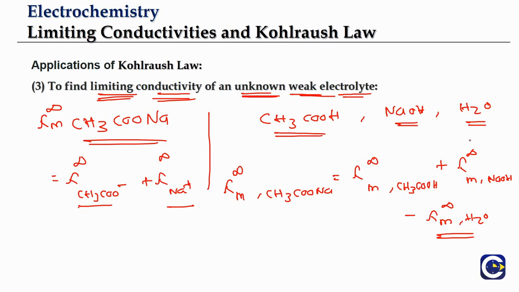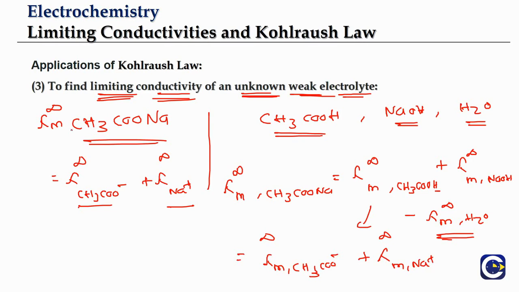The molar conductivity of H plus ions plus molar conductivity of OH minus ions. So H plus minus H plus will cancel here, and OH minus minus OH minus, so both will be cancelled. Remaining will be what? Just lambda m CH3COO minus infinity plus lambda m Na plus infinity. So the sum of these two is nothing but the limiting molar conductivity of the sodium acetate.